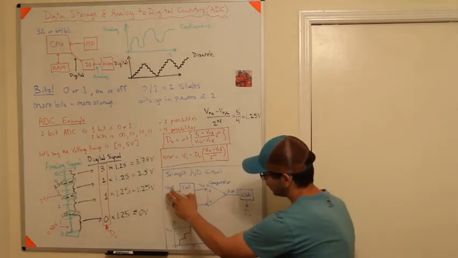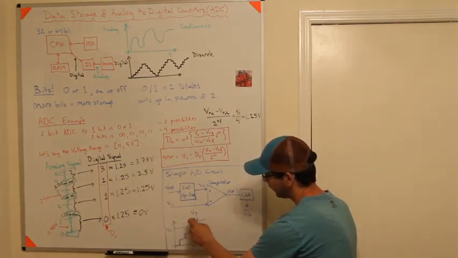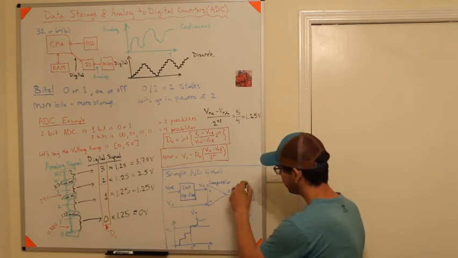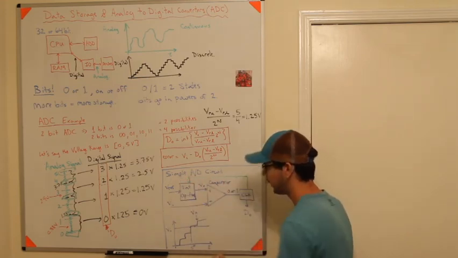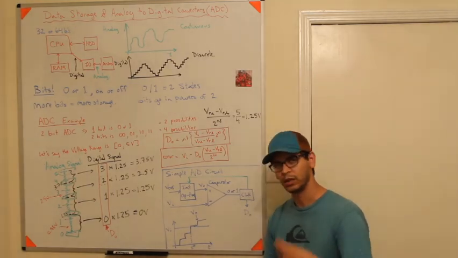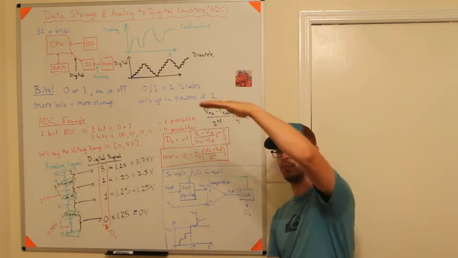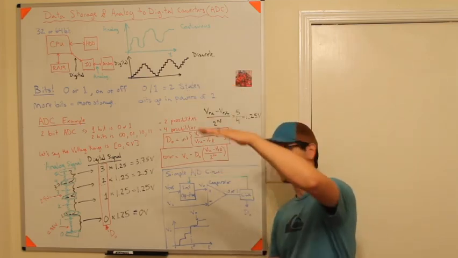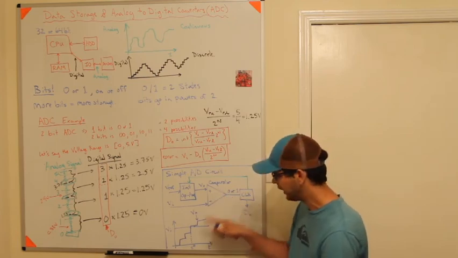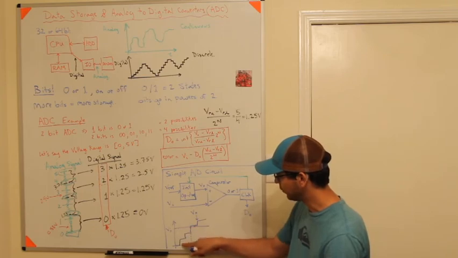The output voltage of your integrating op-amp is going to jump in discrete jumps every time you run through a clock cycle. So every time your CPU goes through a clock cycle, your integrating op-amp is going to jump up a level. And every time it jumps up a level, you can check the comparator and say, is my output voltage greater than my input voltage?